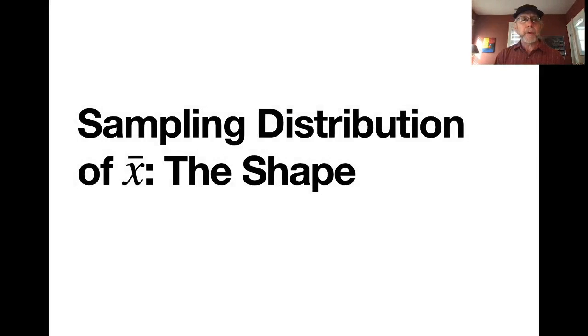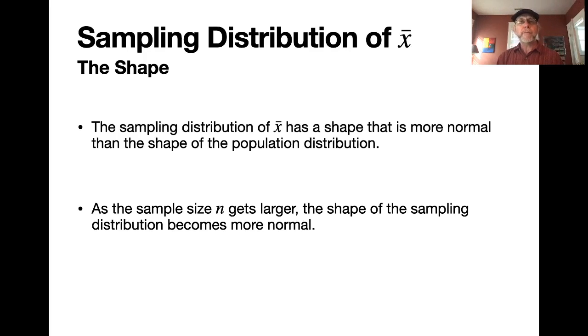For the shape of the sampling distribution of xBar, there are really two main facts that we need to be aware of. The first is that the sampling distribution of xBar has a shape that is more normal than the shape of the population distribution. So even if the population distribution has a shape that's very non-normal, like bimodal or something, the sampling distribution of xBar will tend to have a shape that's more normal in character.